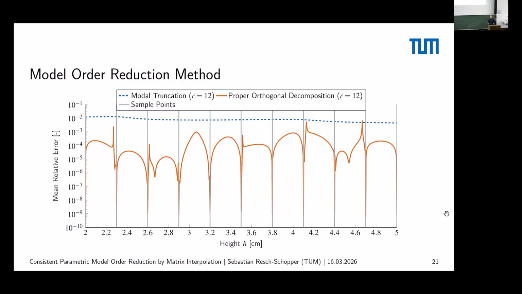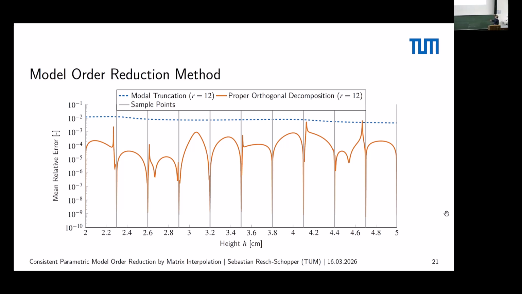So obviously, there's a huge change that POD introduces into the reduced basis, because otherwise we would be able to exactly interpolate the parametric dependency with our cubic spline interpolation. Compared to that, if we use modal truncation, then we don't have this high accuracy with this reduced size at the sample points. This has also been discussed at length today, because we might have quite some modes that are not important for this problem.